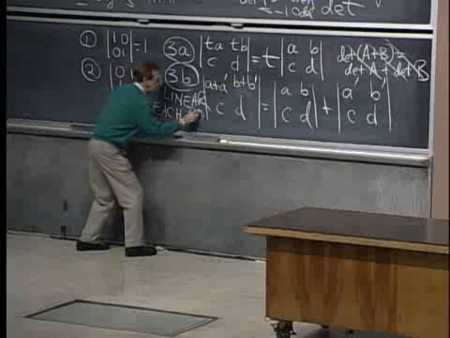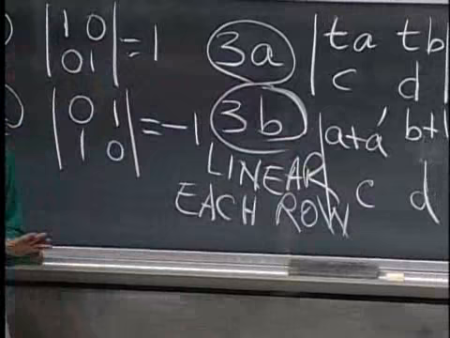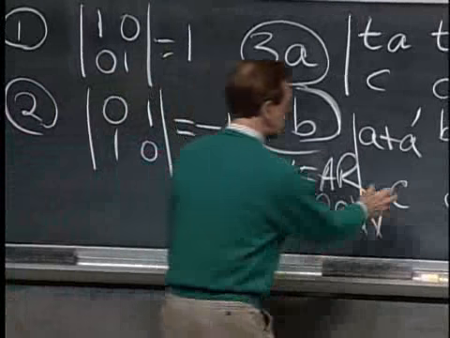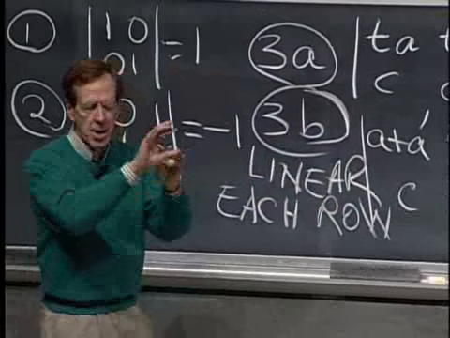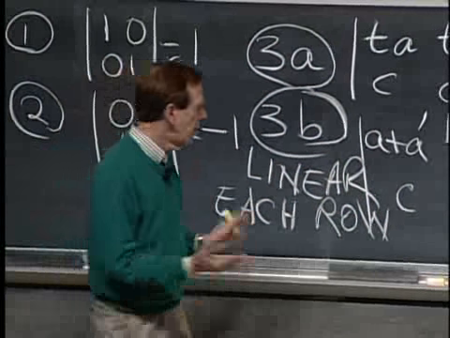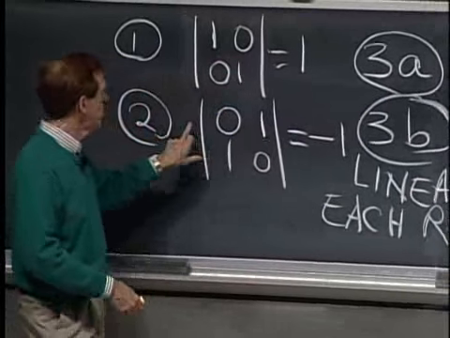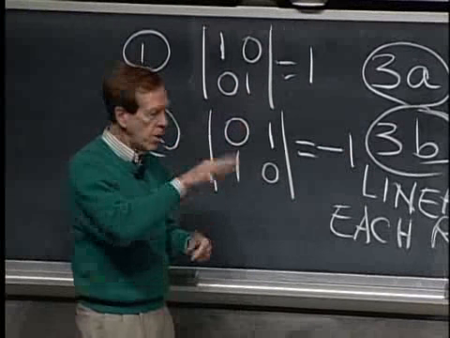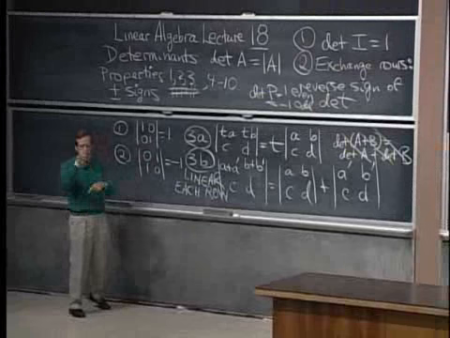Well, you may say, I only talked about the first row. But I claim it's also linear in the second row. I can't have a combination in both first and second row. If I had a combination in the second row, then I could use rule 2 to put it up in the first row, use my property, and then use rule 2 again to put it back.